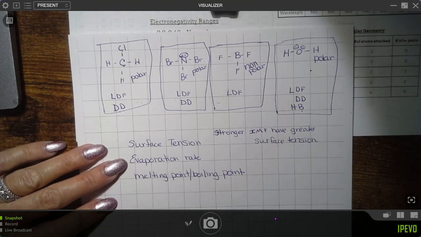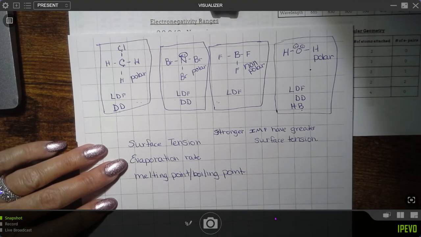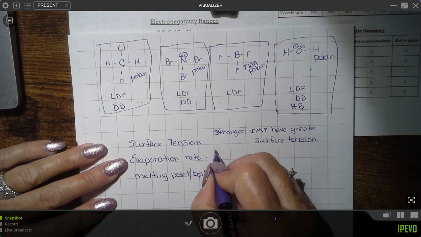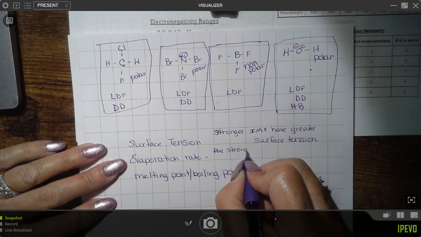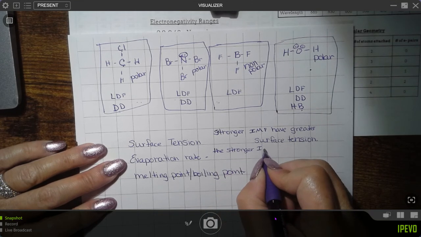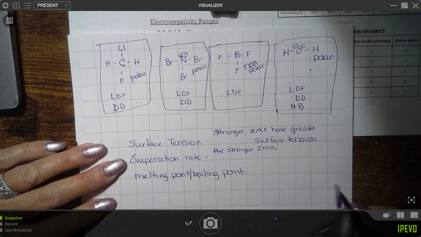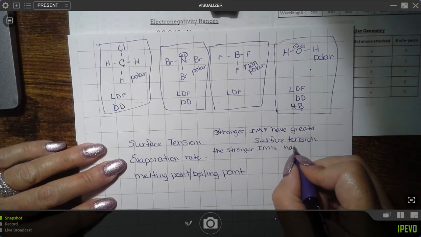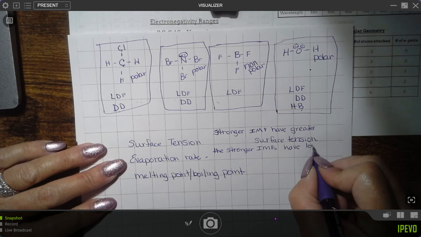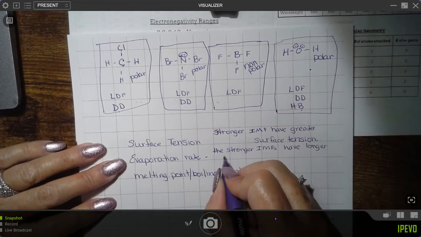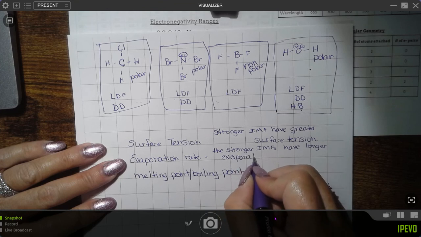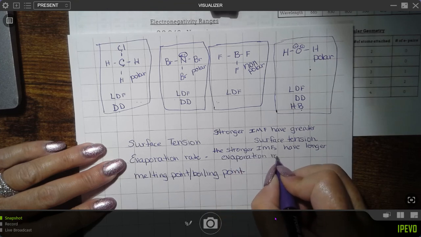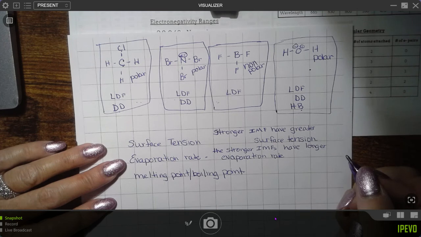Evaporation rate. This is how quickly something evaporates. The stronger IMFs have longer evaporation rates, meaning it takes them longer to evaporate.